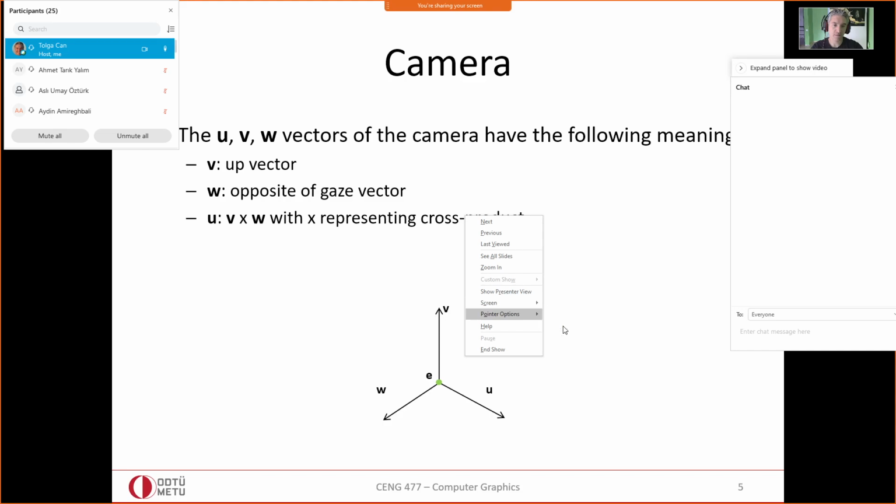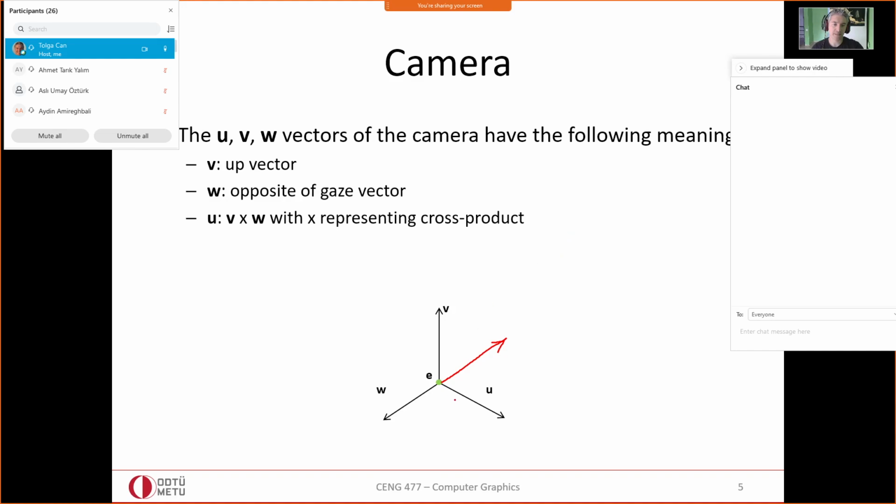So if I get this pen, this is the gaze vector. This basically defines a local coordinate reference frame around our eye, which is the center of our local coordinate system. It's the origin of our local camera coordinate system. We can sometimes call this the viewing coordinate system.